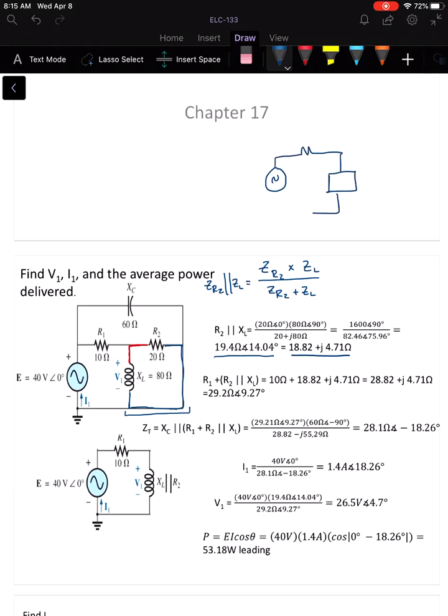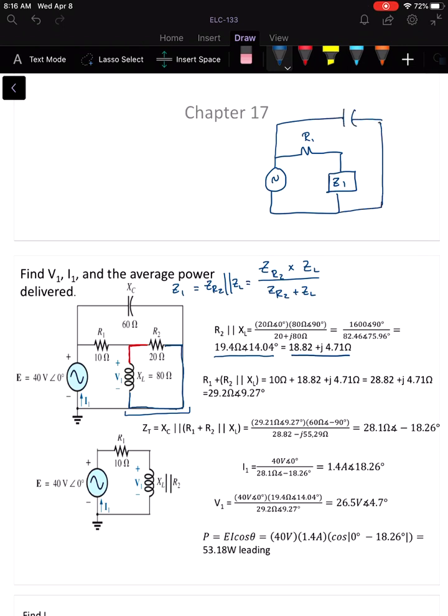Now we've got this impedance, which was ZR2 in parallel with ZL. I'm going to call that Z1, for lack of a better term. And this is R1. And then we've still got our capacitor up here.